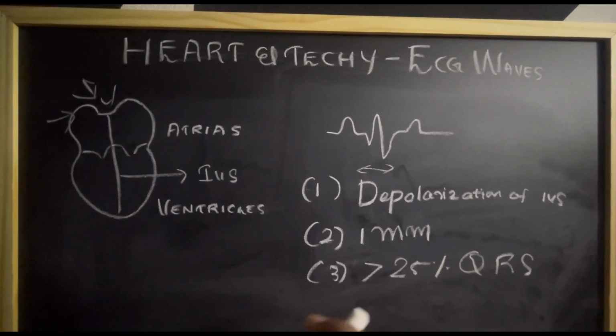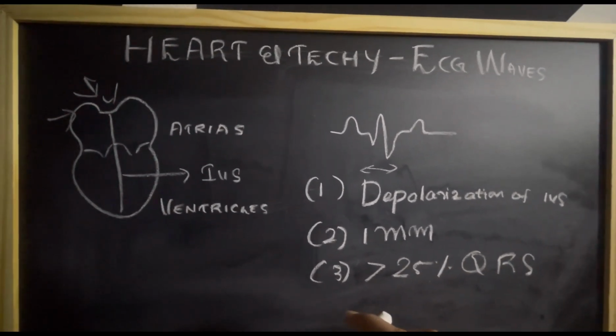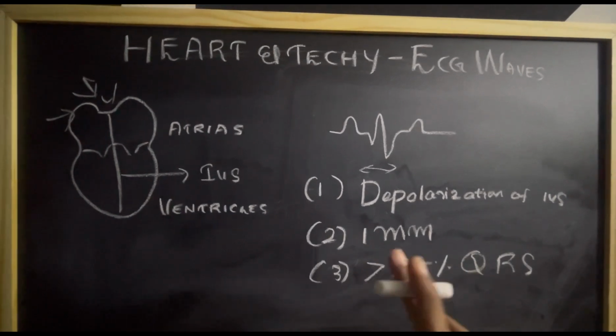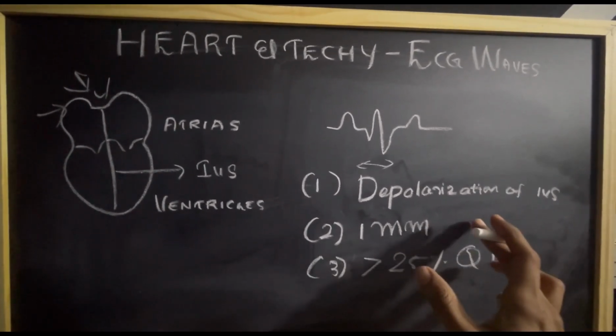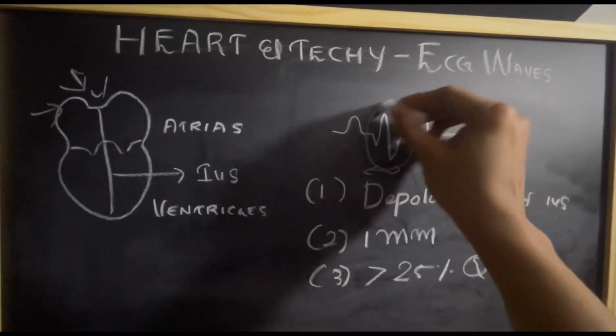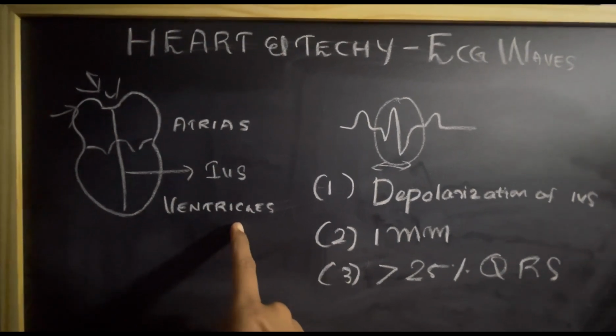The Q wave is represented as a very small waveform. So what is this Q wave mainly indicating? Why does the QRS complex appear? It appears due to the contraction of the ventricle.